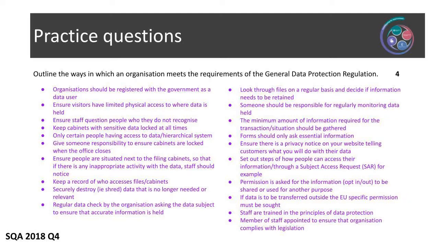And of course, staff training. Training is always a good fallback. Staff training on the principles of data protection is also absolutely essential. So lots of really good points available to make. You're just making succinct, brief statements outlining the way in which an organisation can meet the requirements of the GDPR. No examples required, and no need either to develop any points on.